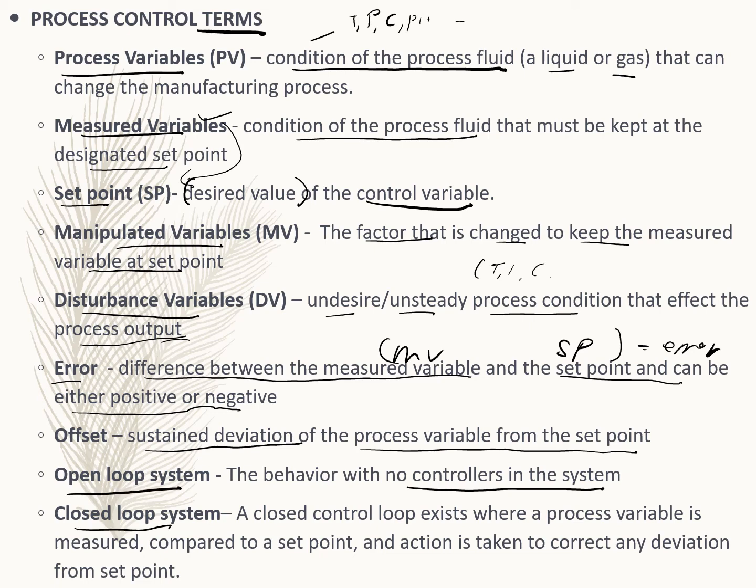Closed loop system is where a closed control loop exists, where a process variable is measured, and then after the process variable is measured, that measured variable is compared to a set point. After being compared to the set point, it is sent to the controller. The controller will decide what action needs to be taken to correct any deviation from the set point.